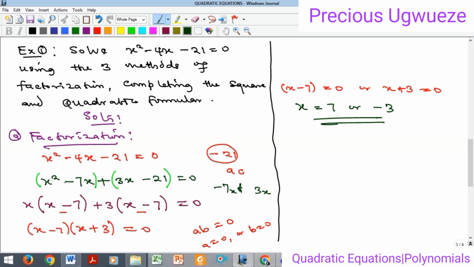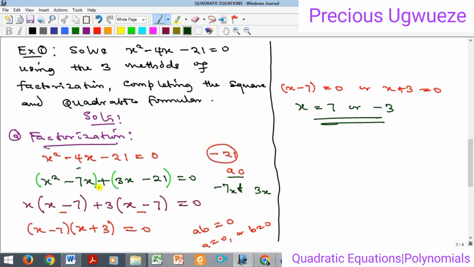And so can we do this same question using the completing square method? Now remember the 5 basic steps here. First one is multiply a and c. When you have done that, second one is look for two factors of ac that will sum up to give you b. And so when you do that, you will use it to remove bx and use the two terms you have gotten to substitute.